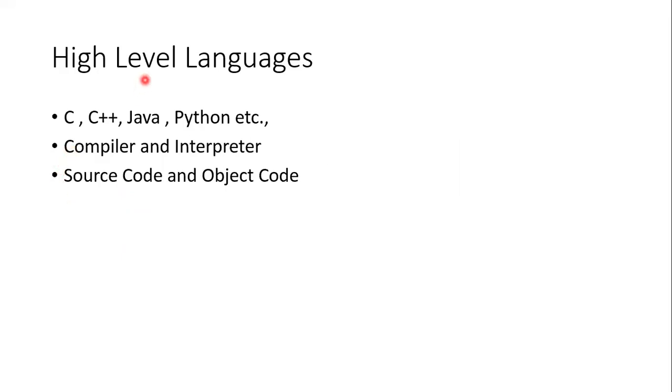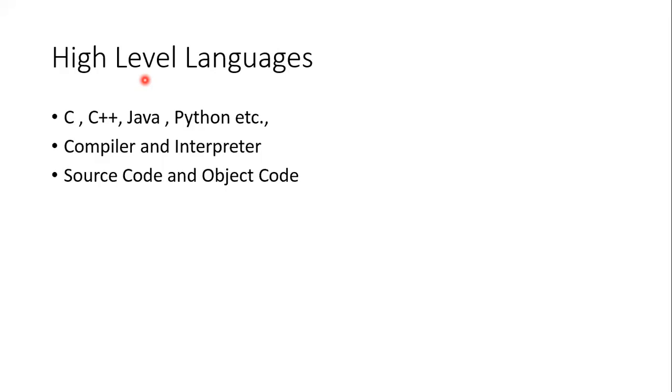Next, high level language. We know what a high level language is. Since I already told you, the assembly level language and machine languages are machine dependent. That means when we work on a different machine, we have to learn a different instruction set, different binary sets.